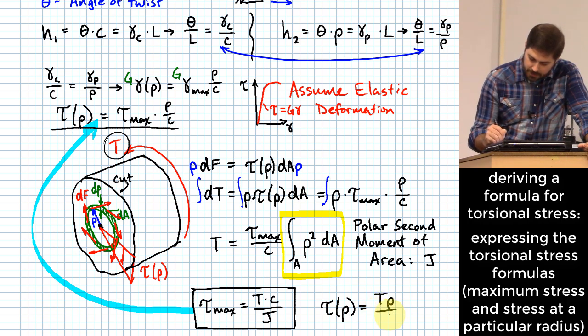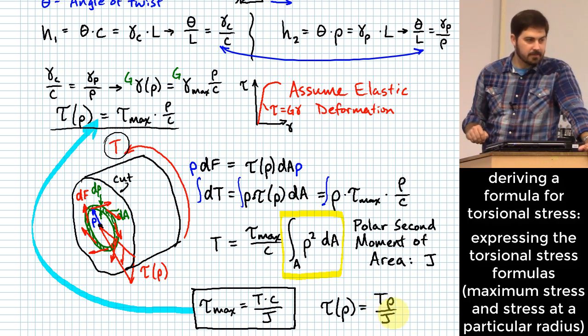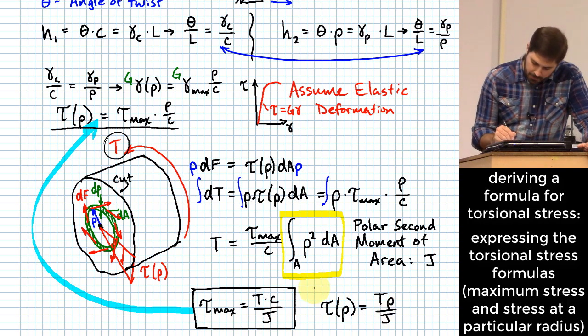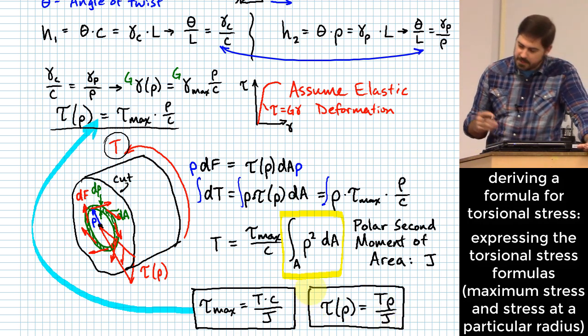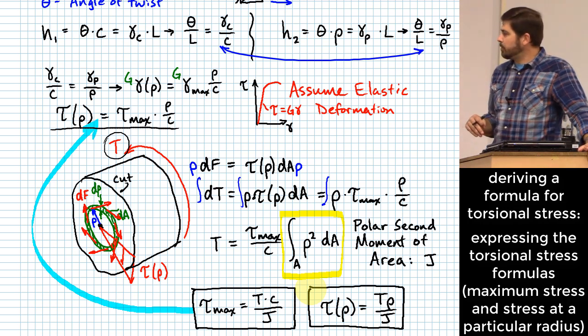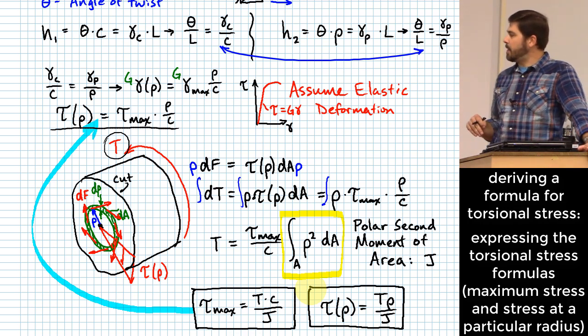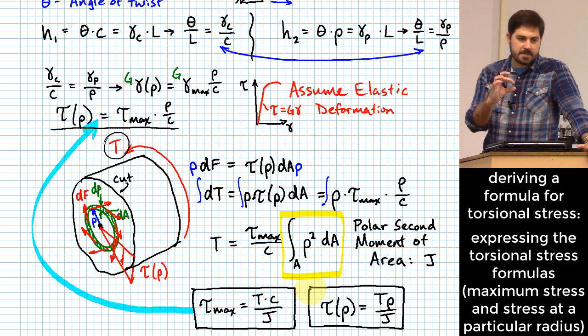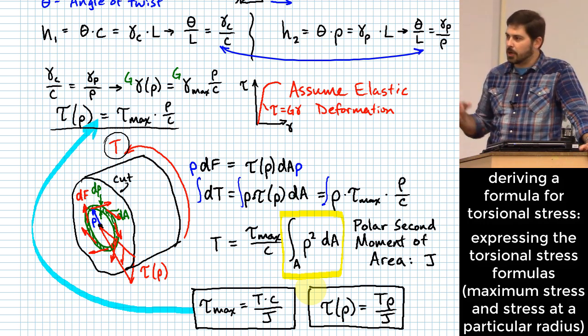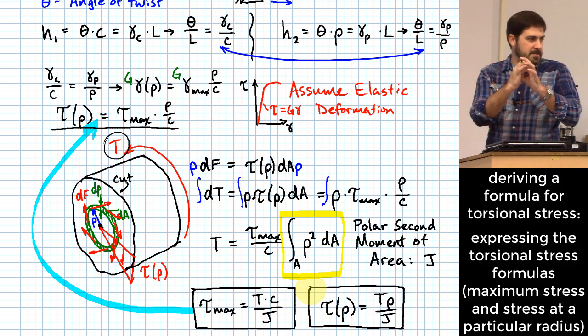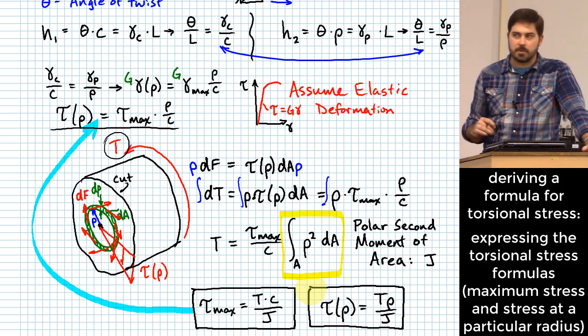T rho over J, right? So each of these is useful, right? They're actually kind of the same equation. They're doing similar things. The only difference is that tau max is the one at the outer surface, whereas tau as a function of rho is finding stresses at other locations, other radius values basically within the member that's being twisted. Yeah?